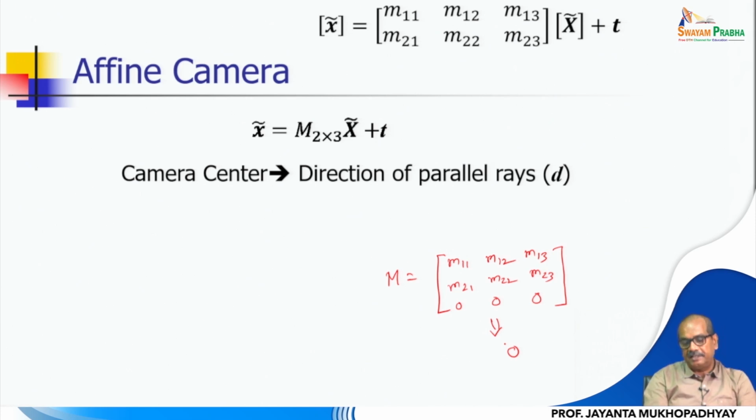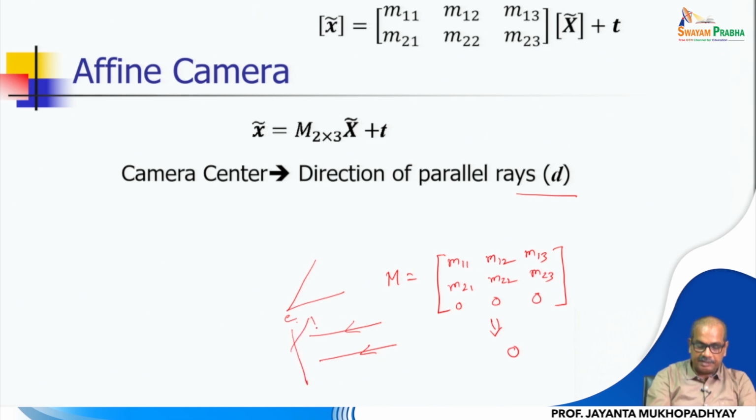So what happens is that the camera center is given by the respective right null vector of M. So the camera center is at the direction of parallel rays. So in the case of affine, instead of converging rays at the center of projection, we have rather parallel rays which are intersecting the image plane.